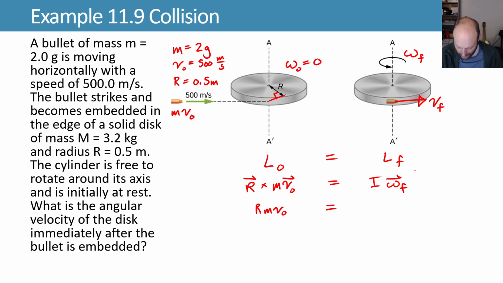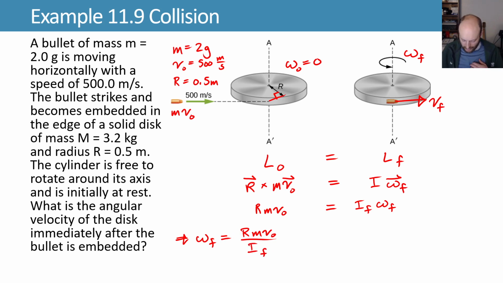And then I omega is whatever my final moment of inertia of this thing is times omega final. We can solve this for the thing we want, omega final, by dividing by I final, and we get omega final is equal to r m v naught over I final.